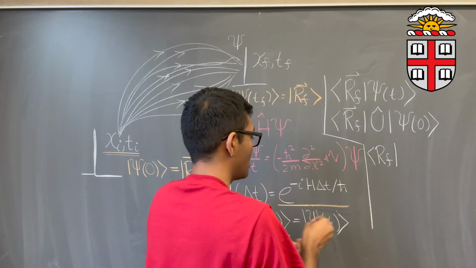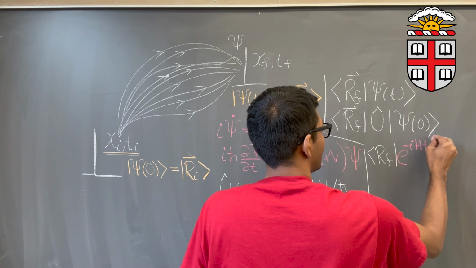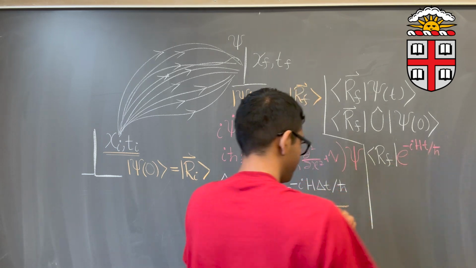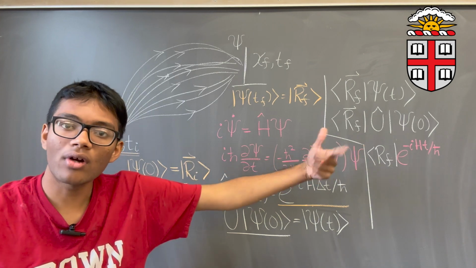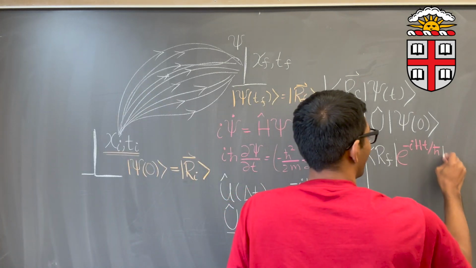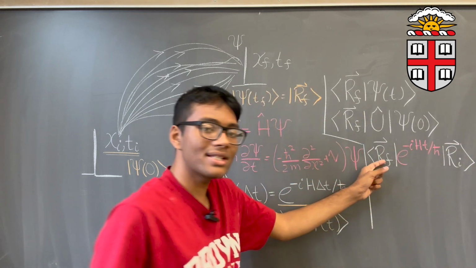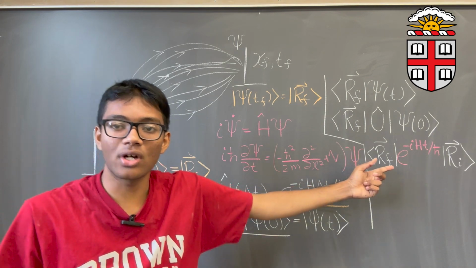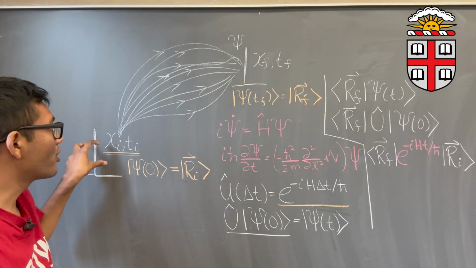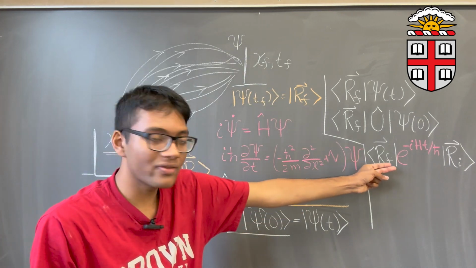And our time evolution operator is e to the minus i H t over h bar. And psi of 0, our initial wave function, was simply the initial position vector, r sub i. So this is r sub i. And so this right here is how much of the electron is going to propagate from our initial position to the final position.